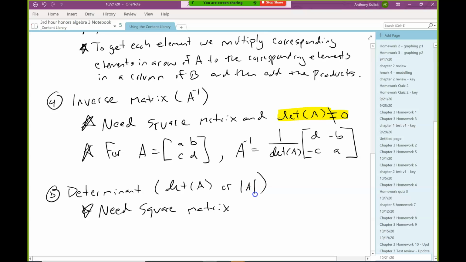Now that's confusing for you guys because it looks a lot like the absolute value. But that's not what we're saying. That's indicating the determinant of matrix A. We know it's not referring to an absolute value because there's no such thing as an absolute value of a matrix. That's not something that exists. That's the notation we'll use for determinant, and it's probably the more common of the two notations. It's the one that I'll use when I write things in the homework.